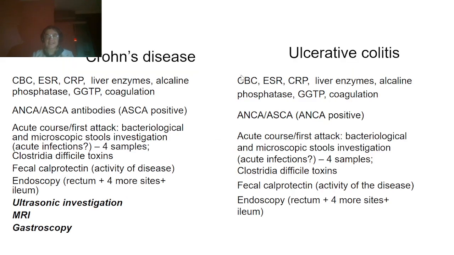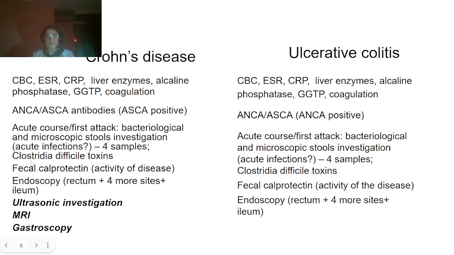The clinical assessment of the patients includes the evaluation of the inflammatory syndrome by hemogram, ESR, CRP, evaluation of cholestatic syndrome, the liver enzymes and alkaline phosphatase, GGT, coagulation, and autoimmune syndrome by antineutrophil cytoplasmic antibodies, which are positive for ulcerative colitis, not in all cases but maybe, and for Crohn's disease, antibodies to Saccharomyces cerevisiae.